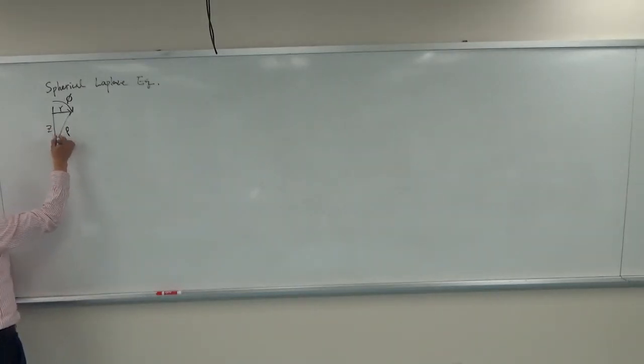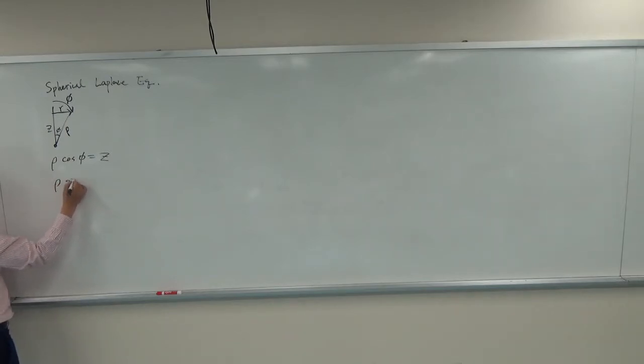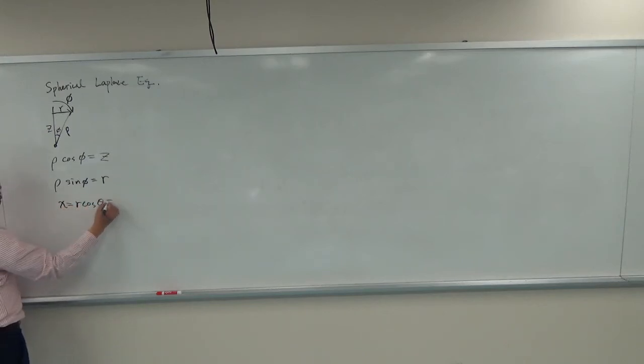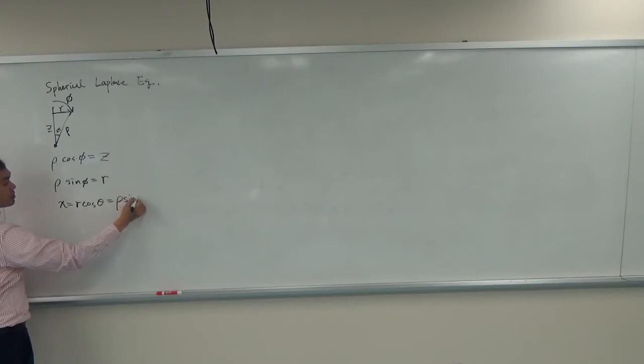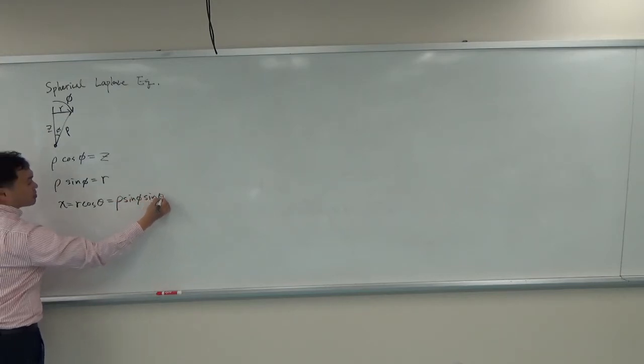So this will be z. This is how I remember it. It'll be rho times cosine phi gives you a direct projection, so that's going to be z. Whereas rho times sine phi is going to be r. And then because x is r cosine theta, this becomes rho sine phi cosine theta.